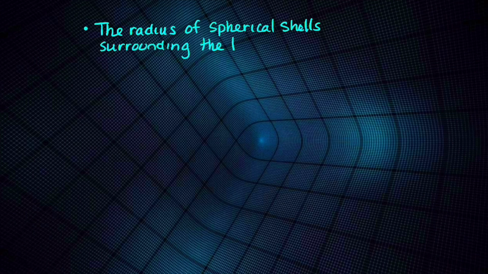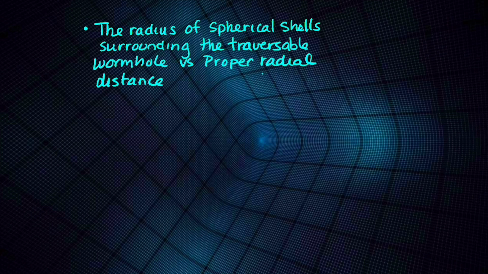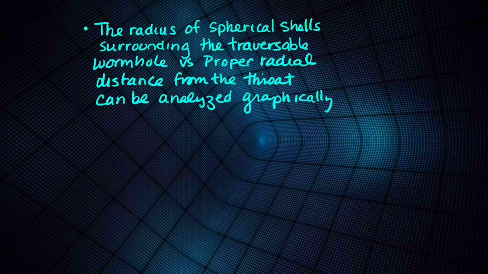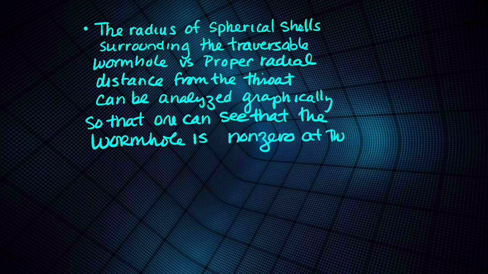The radius of the spherical shells surrounding the traversable wormhole versus the proper radial distance from the throat can be analyzed graphically so that one can see the wormhole is non-zero at the throat.